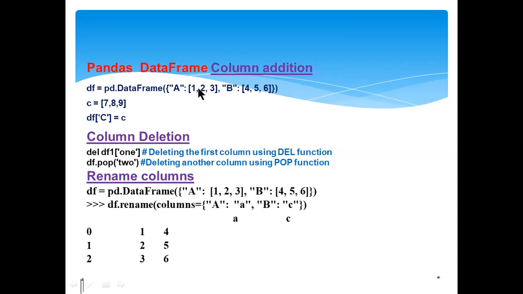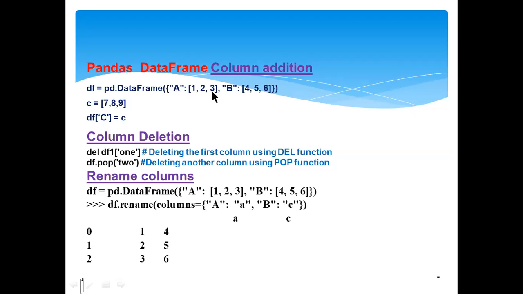If you write in a square bracket, you can separate the values for the key, instead of writing the same variable again and again for different values. This is a key and these are the values. C = 7 8 9 is another one, an additional one.